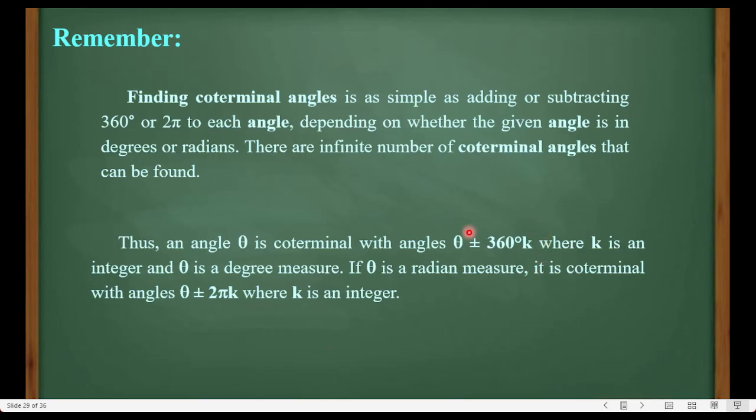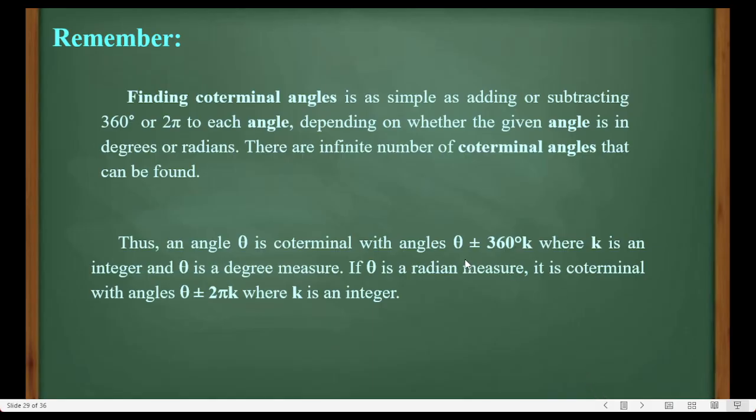Thus, an angle theta is coterminal with all the possible angles if we use this formula: theta plus or minus 360k, where k is an integer and theta is the degree measure. Now, for the radian measure, this is the formula. If theta is radian measure, it is coterminal with all the possible angles representing this expression, theta plus or minus 2 pi k, where k is an integer.